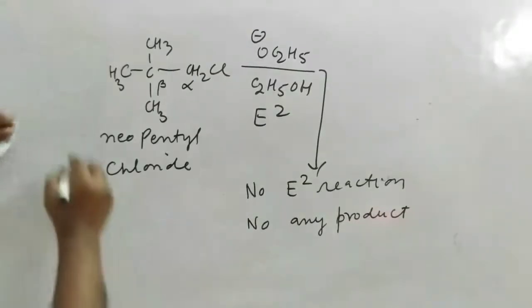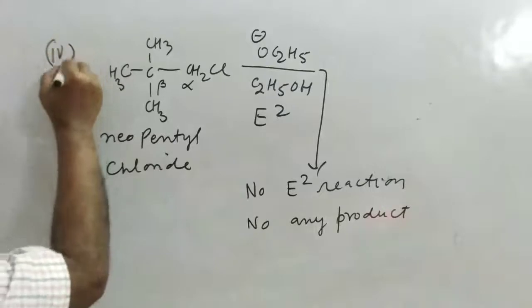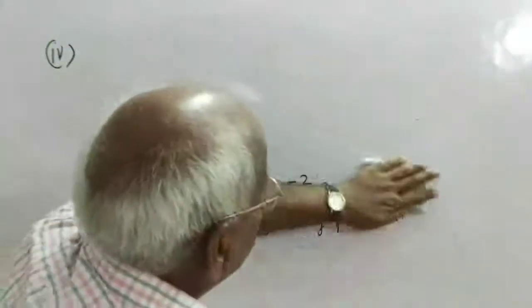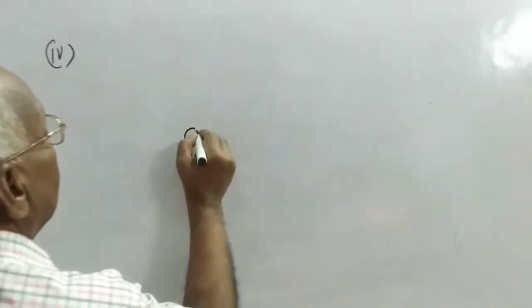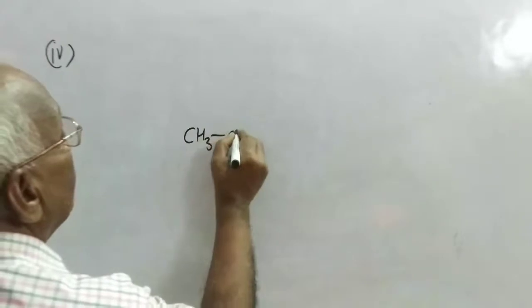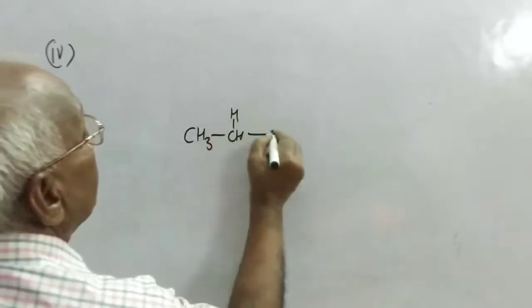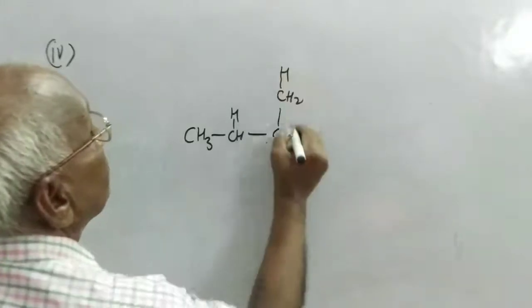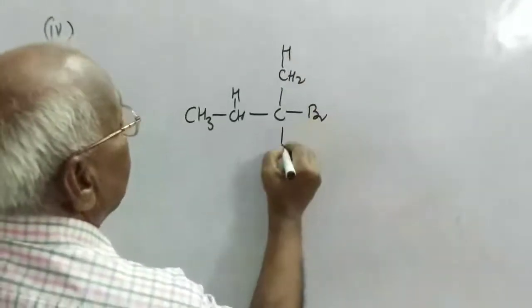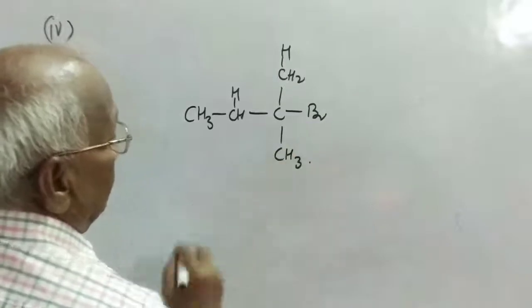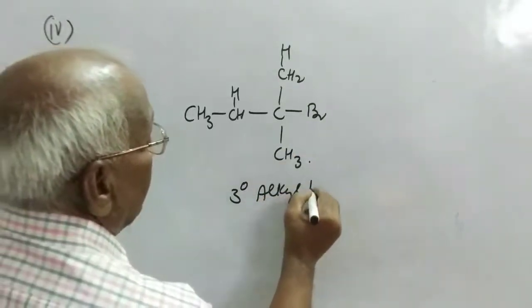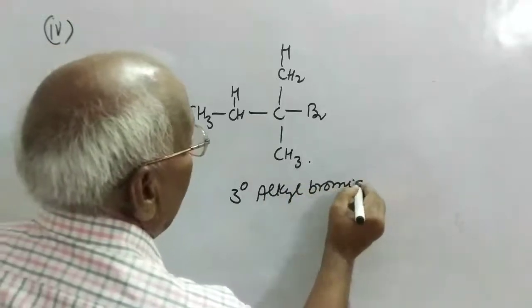One more example. This compound is CH3, CH, C, CH2CH, Br and CH3. This is a 3 degree alkyl bromide.